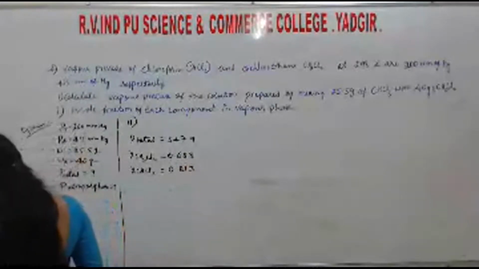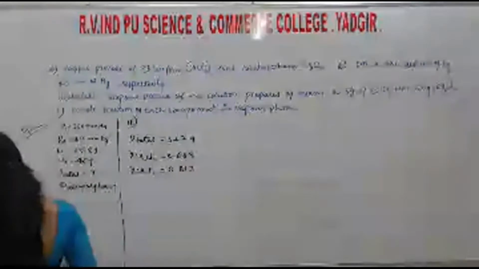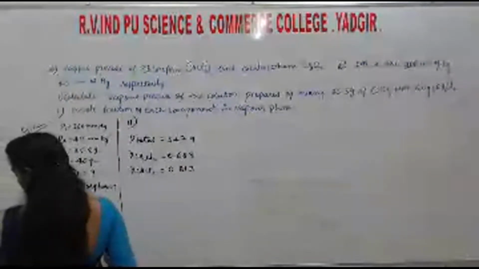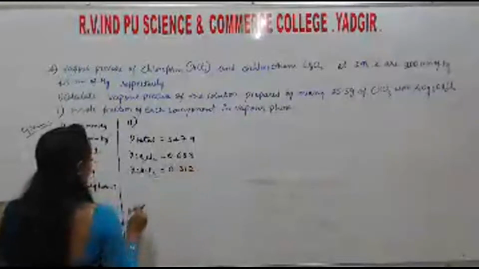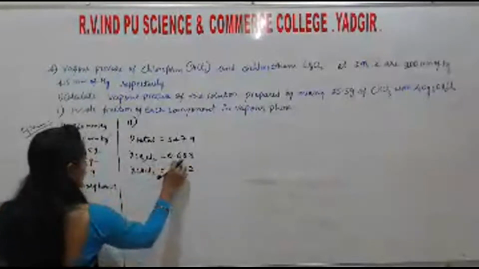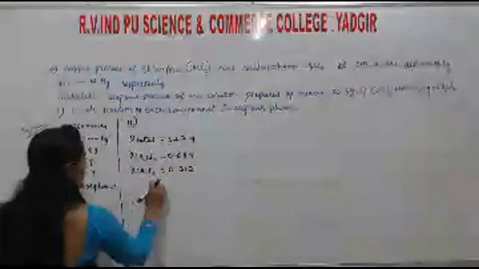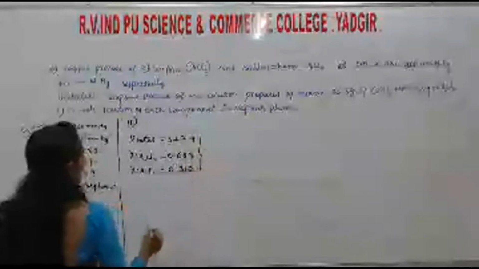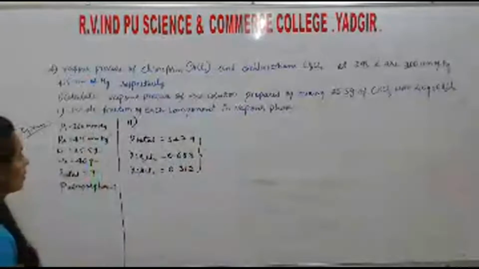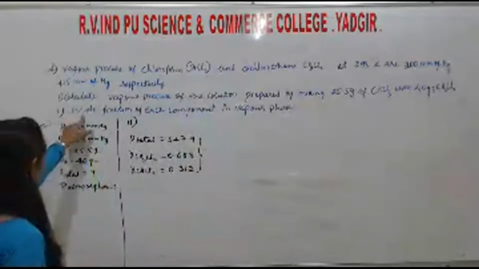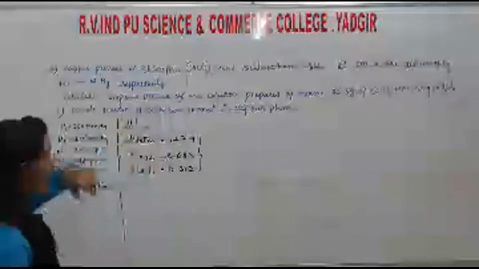This is the mole fraction of CHCl3, and this is the mole fraction of CH2Cl2. We need this to solve the second question: the mole fraction of each component in the vapor phase.